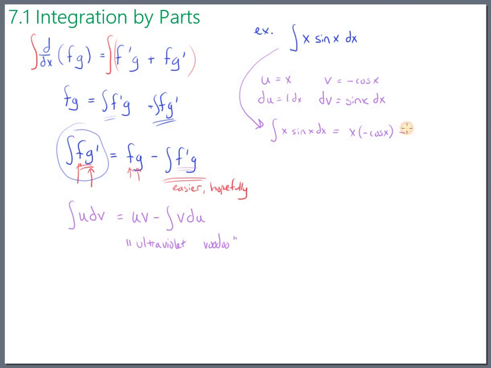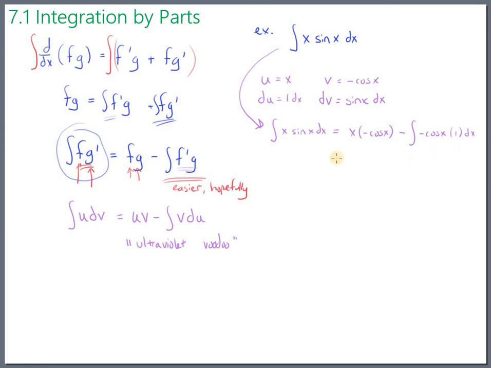Ultraviolet minus the integral of voodoo, so v du. So v is negative cosine x, du is 1 dx. And we hope that this integral is easier than the one over here. And our hope is not disappointed this time around. This is an easier integral.